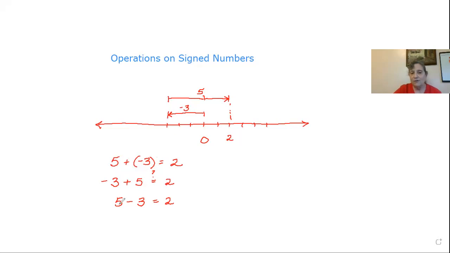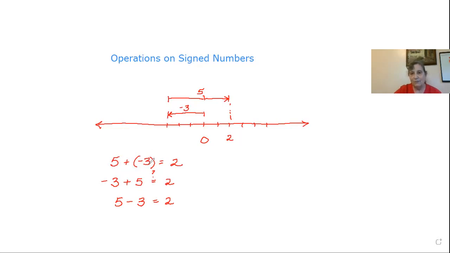So if you go 5 units to the right and then you go the other direction to the left, it has to be left because that's the only other direction we have. So 5 to the right and then 3 to the left is exactly the same whether you're saying you're subtracting the +3 or adding the -3. So subtracting a regular number is the same thing as adding the negative number.